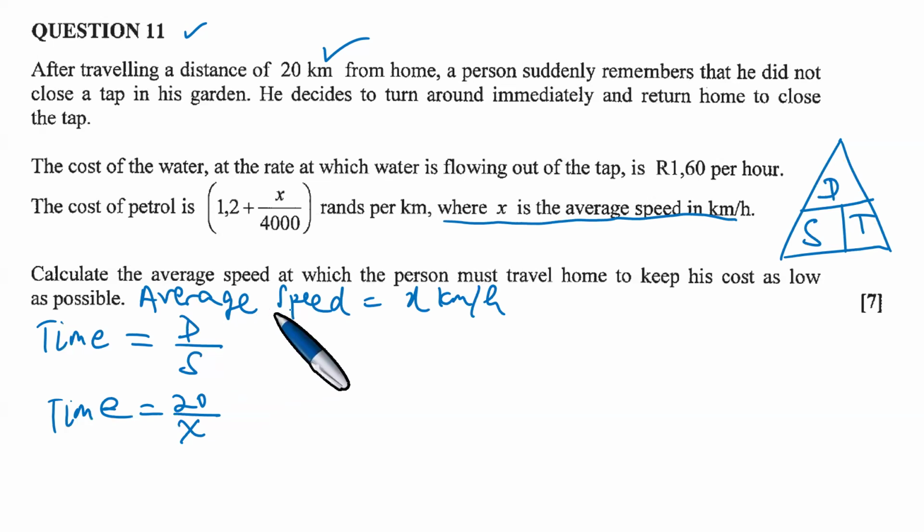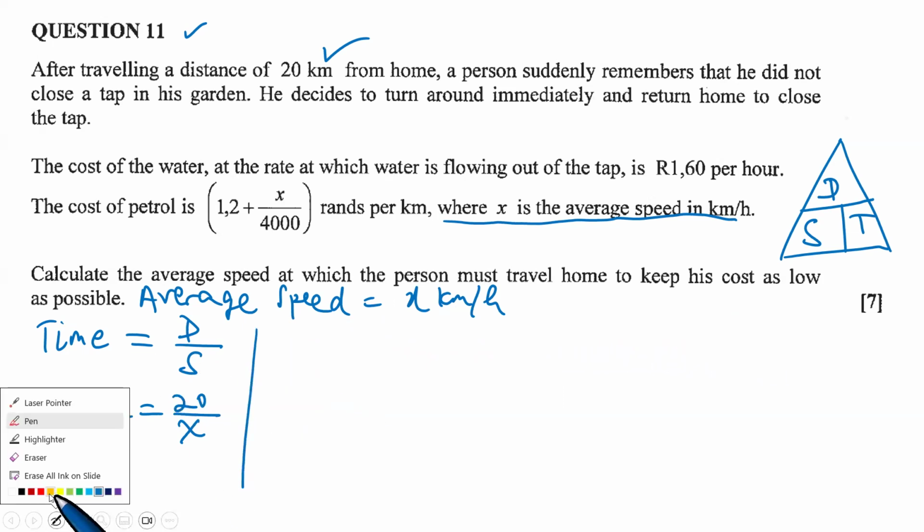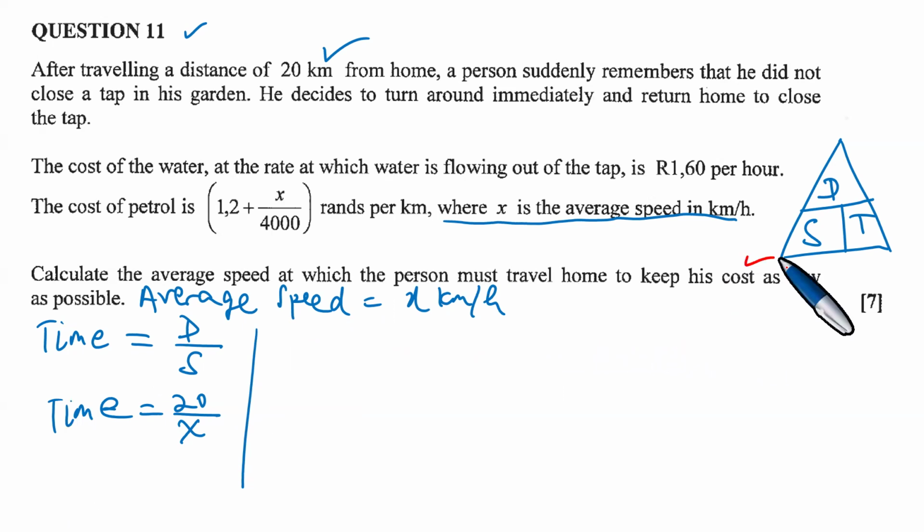Calculate the average speed at which the person must travel home to keep his cost as low as possible. So we're interested in the cost. We want the cost to be as low as possible.